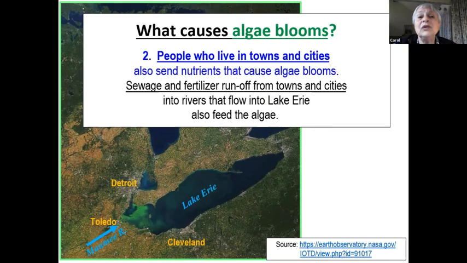Not only farmers, but if people live in towns whose streams flow into the Maumee River or other rivers that flow into Lake Erie, if there's any sewage coming from the town, or if there is too much fertilizer that people put on their lawns or on their golf courses, this is feeding the growth of algae blooms.